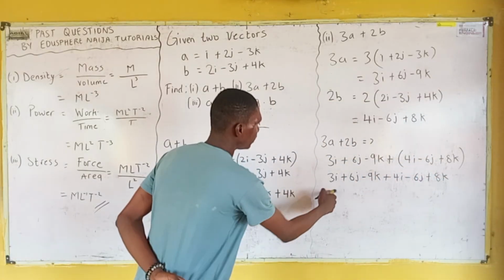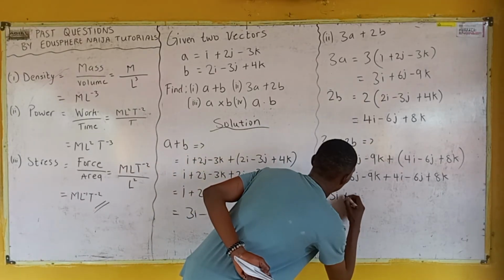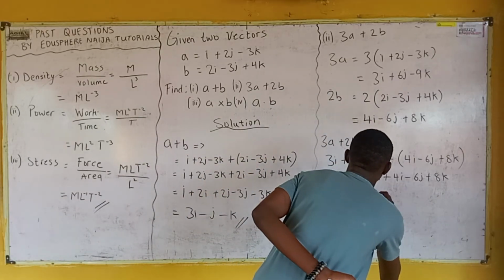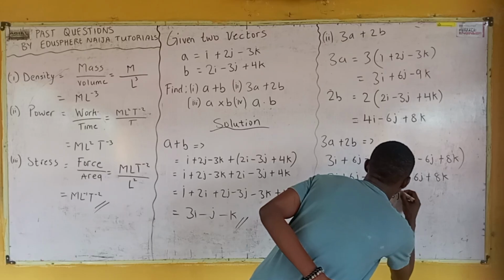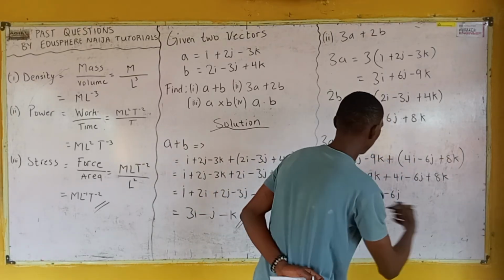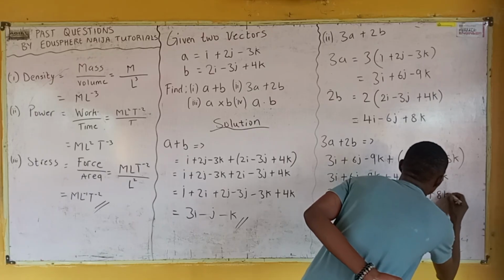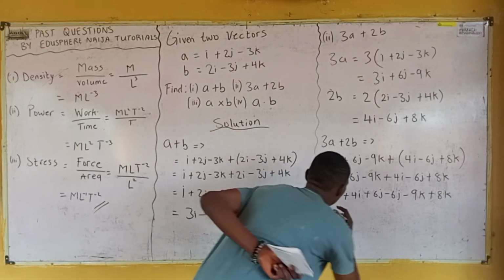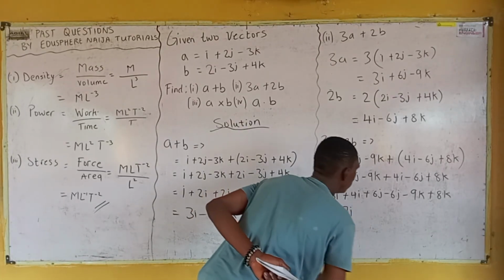Same thing, collect like terms together: 3I plus 4I, then j next, plus 6j minus 6j, then k next, minus 9k plus 8k. From here, 3 plus 4 is 7, so we have 7I.